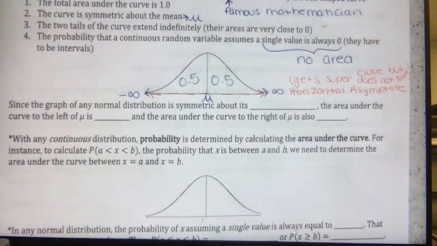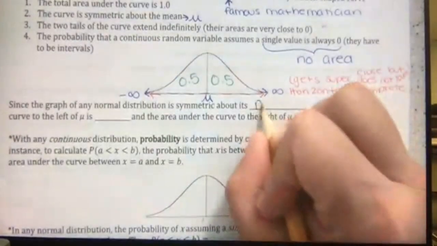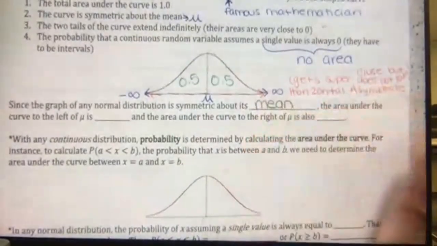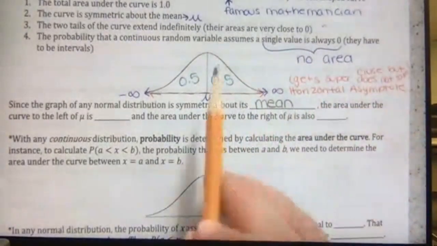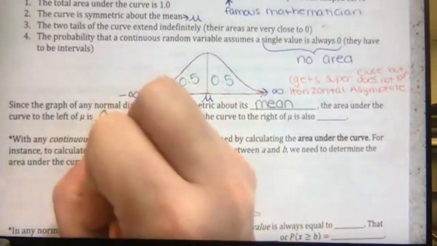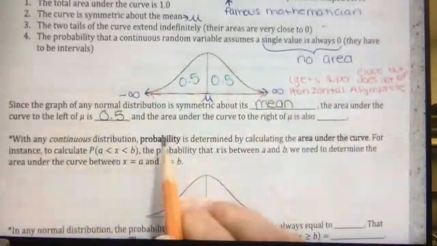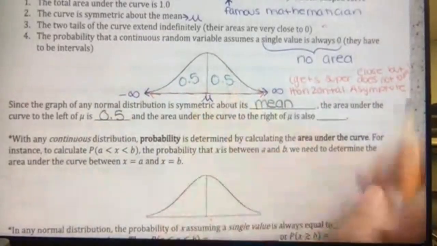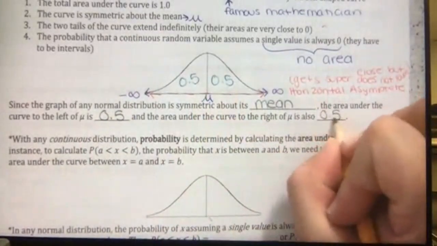So both halves together would give us 1. The graph of any normal distribution is symmetric about its mean. Then the area under the curve to the left of mu is going to be half, so 0.5, and the area under the curve to the right of our mean is also going to be 0.5.